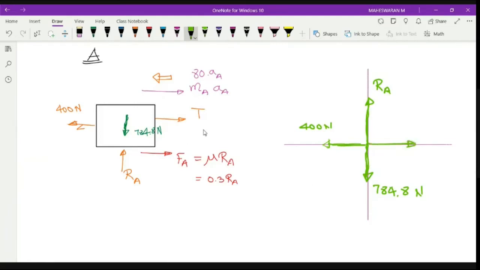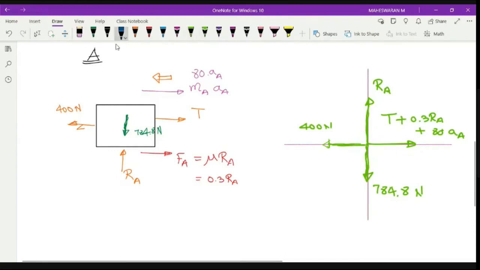Along this direction, you have two forces, T and mu into RA. Sorry, three forces, so 80 aA, T, and this. I'm going to add all of these because they are parallel forces we can add: T plus 0.3 RA plus 80 aA. So these are my forces, right? Any doubt in this? No, sir.